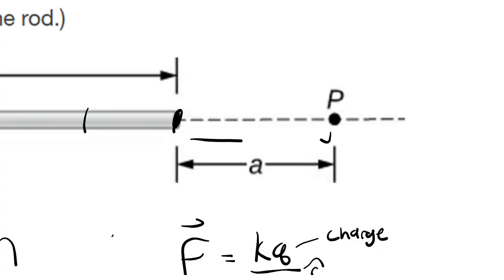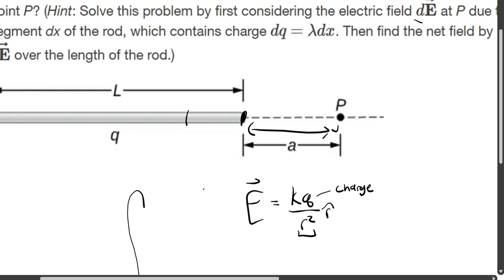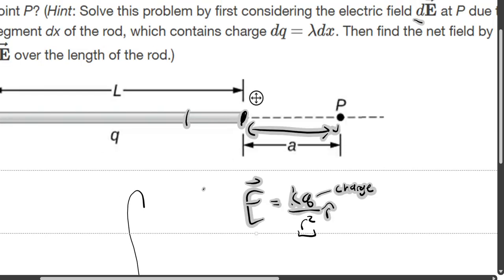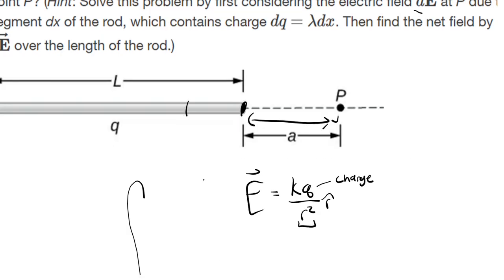There's nothing here along this section that's going to contribute any amount of electric field to P. So it's just a big empty space. Meaning, if I want to make an integral that represents contributions of electric field, I have nothing going on in this section of A. Rather, A is the distance between P and the first bit of this line charge that's going to emanate an electric field.